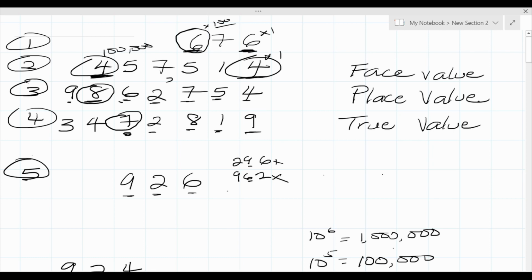Then we have 269 and finally 629. So we have to have 6 in the tens place. So this one is out. So we are only left with what? With 269.